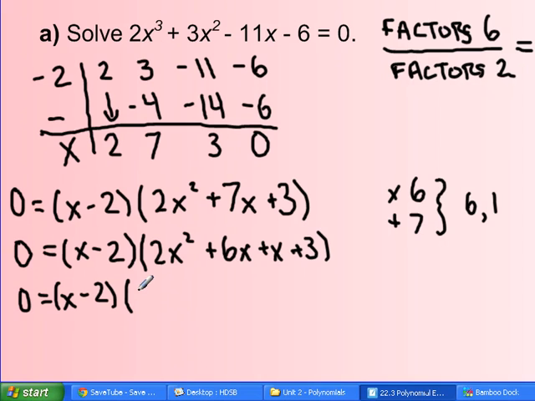And then I pull out some common factors in the first two terms. Try and pull out a common factor in the last two terms, but the only common factor is 1.